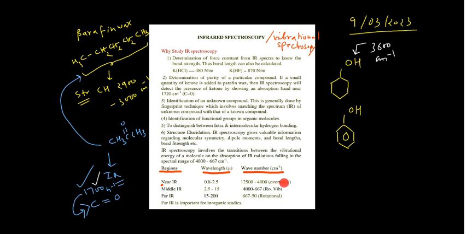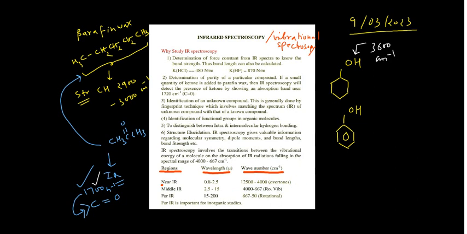Their intensities are not very high, because they are harmonically forbidden bands. If they are harmonically forbidden bands, that means their intensity would be very low, and we are not interested in this. So this range is not very important for us, but as a student you should know this thing.